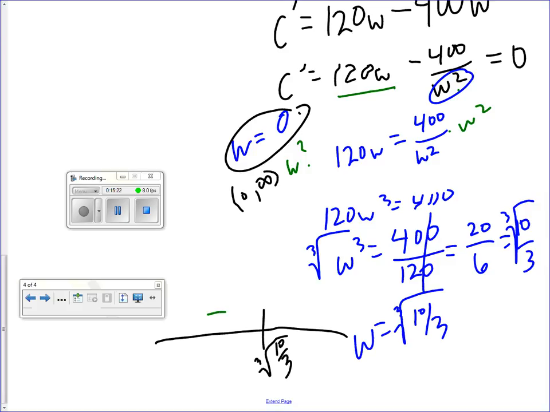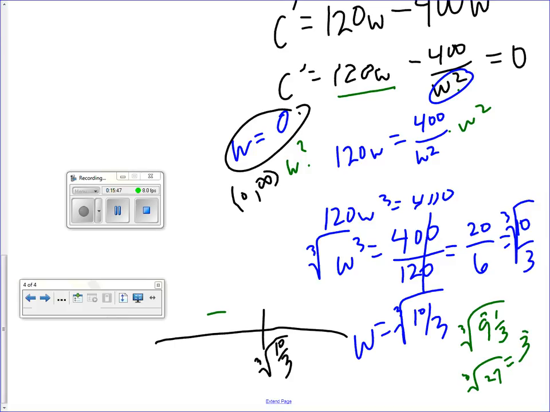And now we're going to pick a value that's much bigger than the cube root of 10 over 3. So 10 over 3 is like 9 1/3. So if I pick the cube root of a number that's bigger than 9, I'll be fine. I know the cube root of 27 is 3, and 27 is definitely more than 10/3.